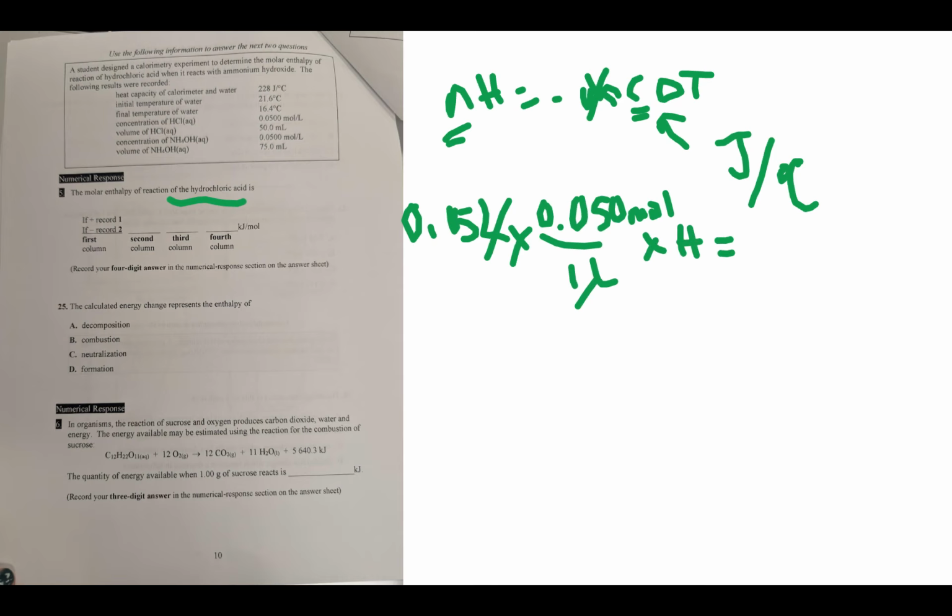And then on the right-hand side, you get negative that specific heat capacity, so 228 joules per degree Celsius, times your temperature change, which was your final 16.4 minus initial, which is 21.6, so negative 5.2 degrees Celsius. So you'll see that when you solve for ΔH, moles will also cancel. Your degrees also cancel, and you will be left with kilojoules per mole. So just getting ΔH alone.